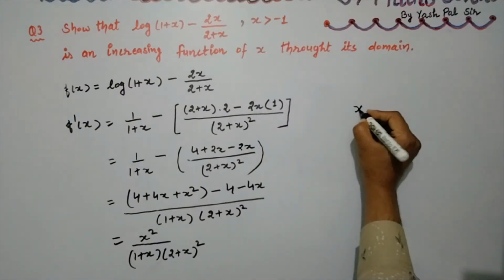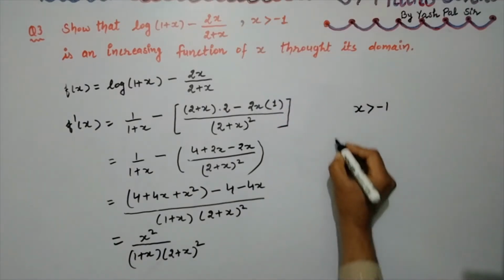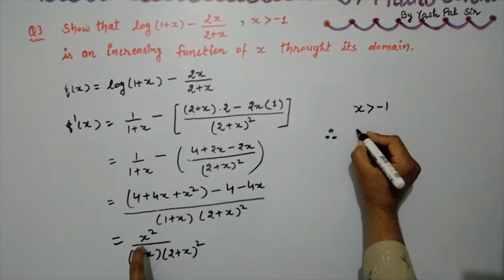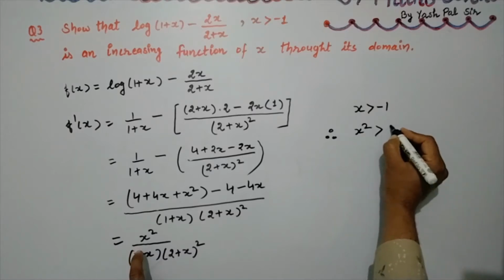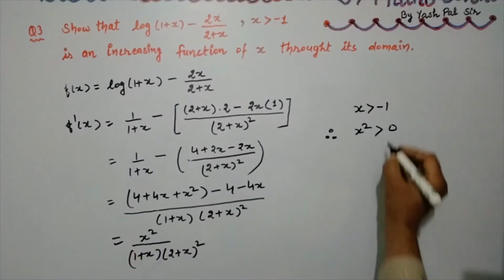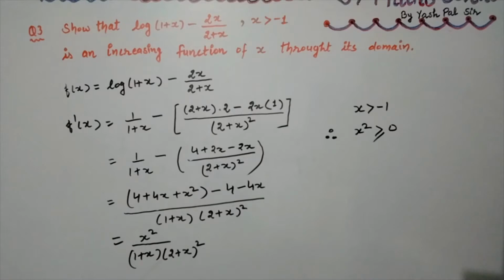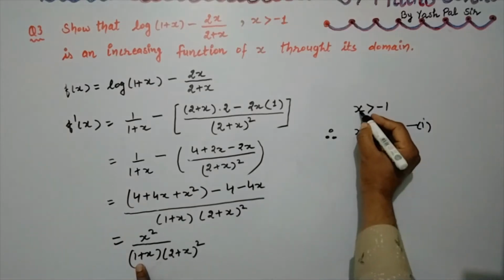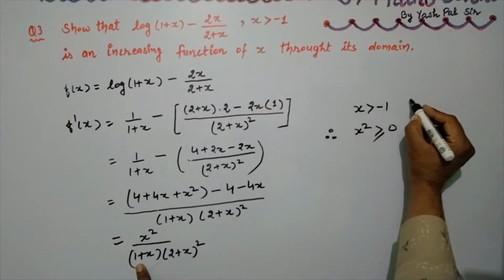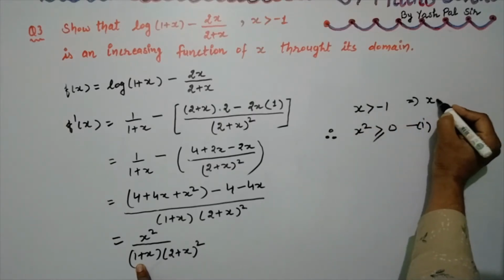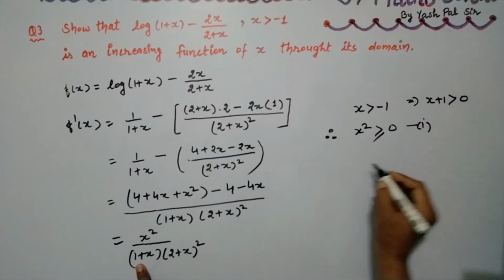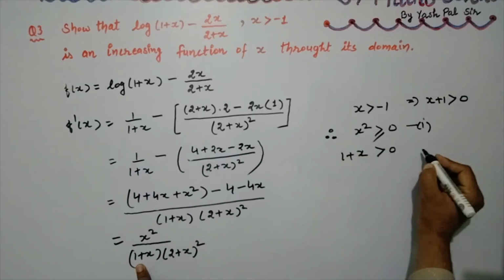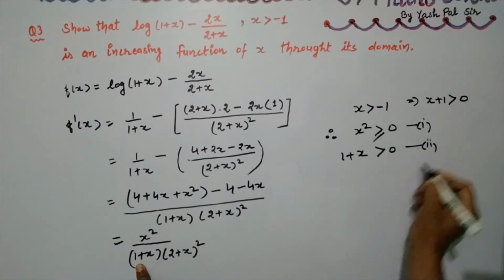Now what is the domain? Domain is x is greater than minus 1. This is the domain. So what we say, x square is greater than or equal to 0, number first. Second, what we can say from here, x plus 1 is greater than 0, that is denominator 1 plus x is greater than 0, number 2.